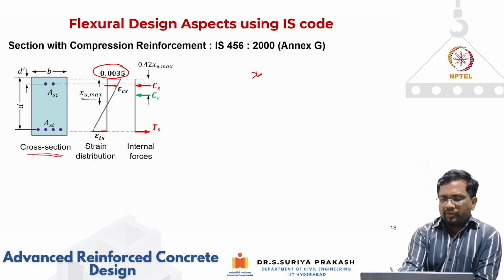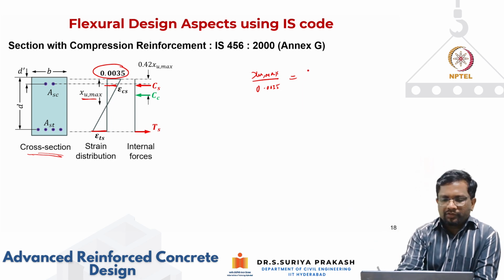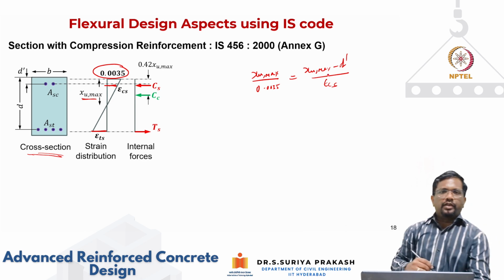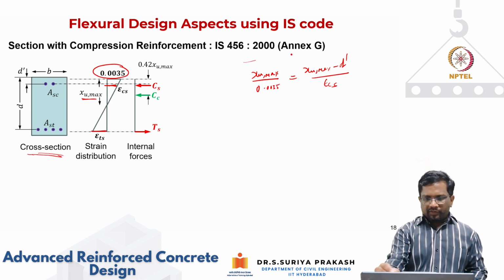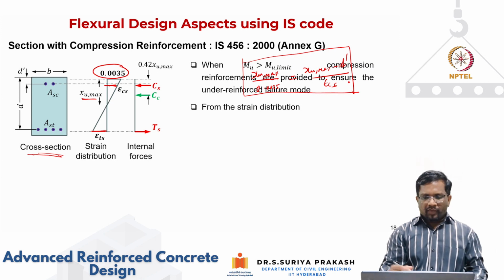From your neutral axis depth, Xu max by 0.0035, from similar triangles, should be equal to Xu max minus d prime by epsilon Cs, where d prime is the distance of the compression steel. So from here, I can calculate the strain in the compression steel. Okay, it's just from your similar triangles.